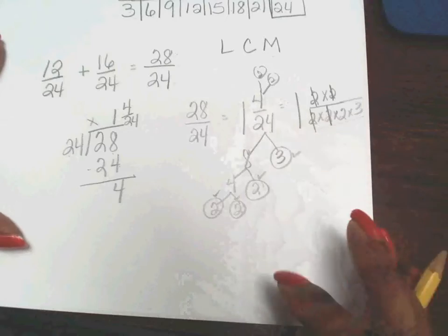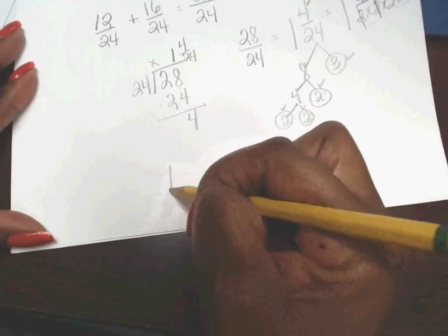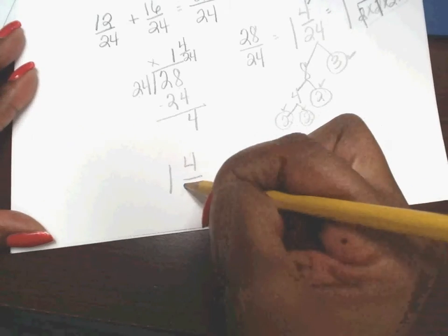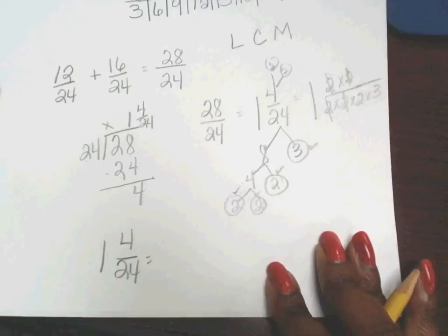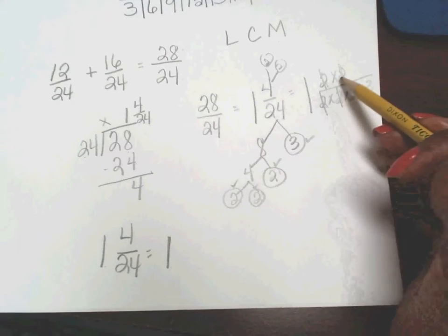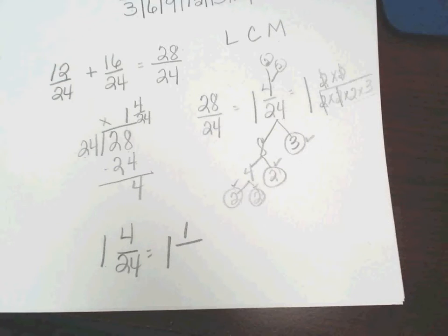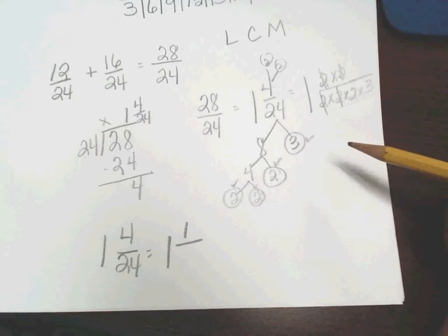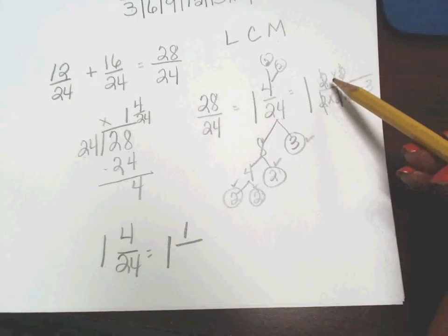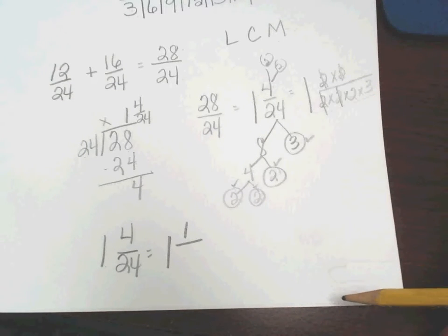So my new answer, this 1 and 4 over 24, let's write it a little bit lower. 1 and 4 over 24. All right, so we have our whole number here. At the top, there's nothing. You're able to put a 1 in there, because even though 1 is not a prime factor, 2 times 2 times 1 is still 4.